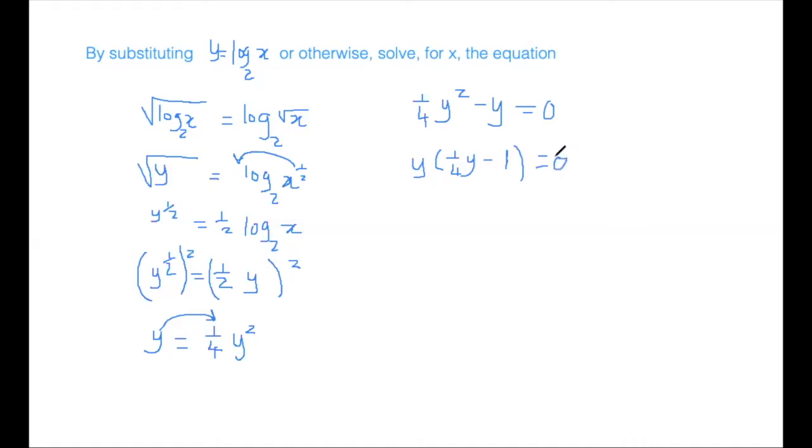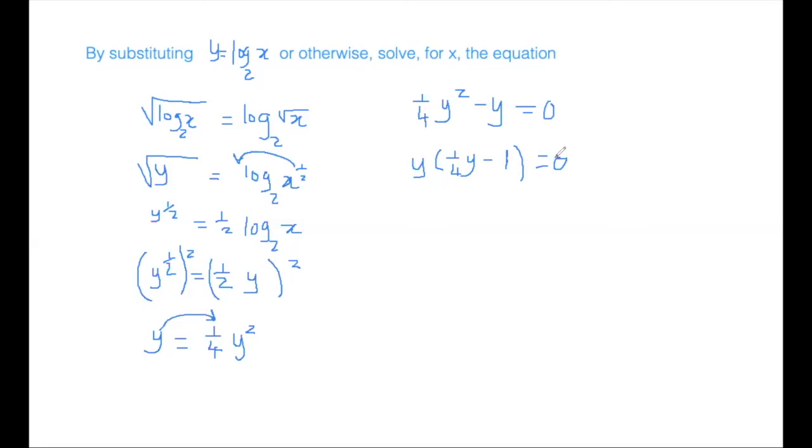So here I already have what is y, because I'm going to split the brackets and the y that's outside, split it in two parts. So the first part I can have y is equal to 0, while the bracket that I have, I'll have a quarter y minus 1 equals 0.